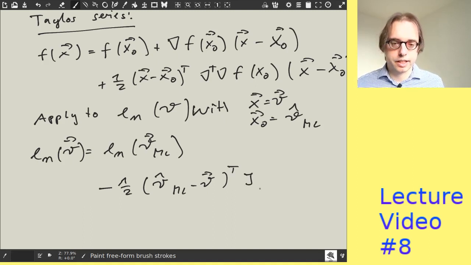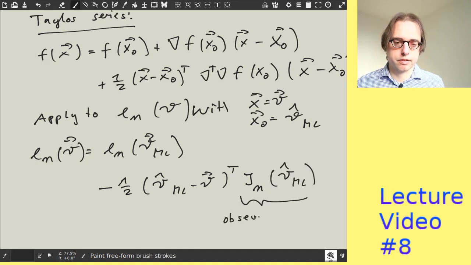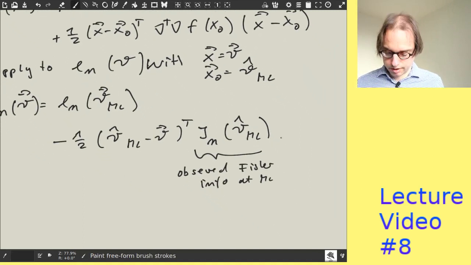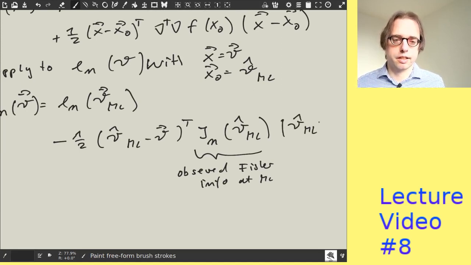So we have J_n of theta hat, the observed Fisher information at the ML estimate, and this is the second term here, so times theta ML minus theta. So that's what you note here.